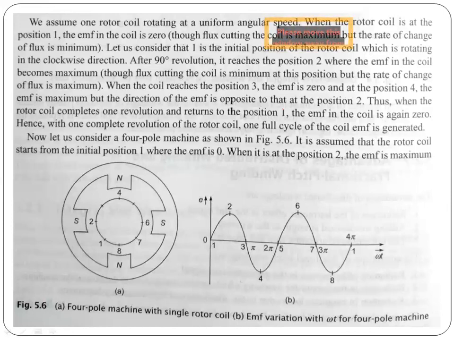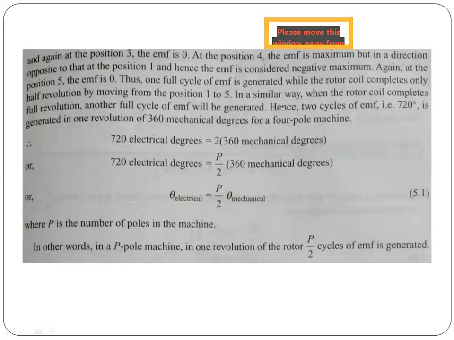Now let us consider a 4-pole machine as shown in figure 5.6. It is assumed that the rotor coil starts from the initial position 1 where the EMF is 0, and when it is at position 2 the EMF is maximum, and again at position 3 the EMF is 0, and at position 4 the EMF is maximum, but in the direction opposite to that at position 2, hence the EMF is considered negative maximum.